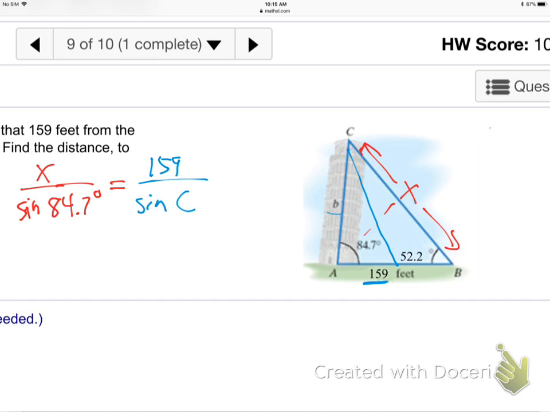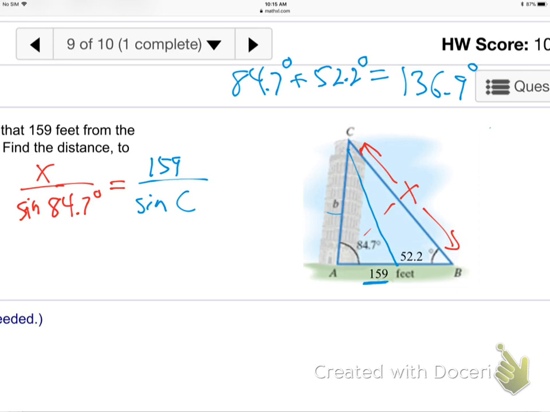So to find c, you got 84.7 and 52.2, which is 137.9. Is that right? 136. Is it 6? Help me out here. You have the calculators, right?